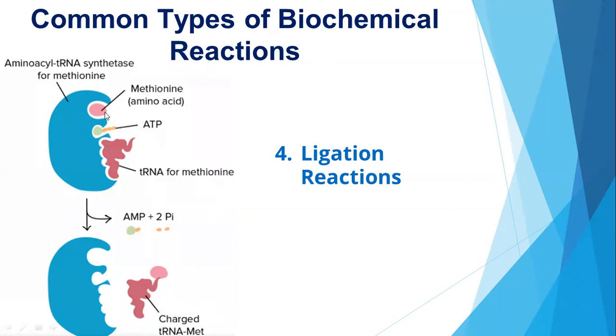You have very large receptors, for example proteins, and small molecules bound to your big molecule. In these reactions they will be separated, and the small molecules are released. Okay, so that's another kind of reaction that you can find.